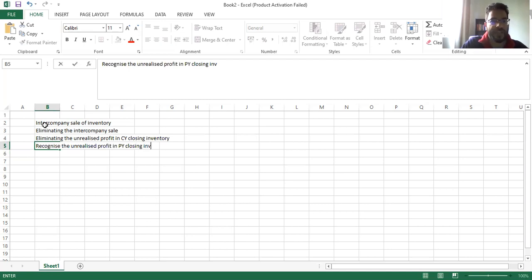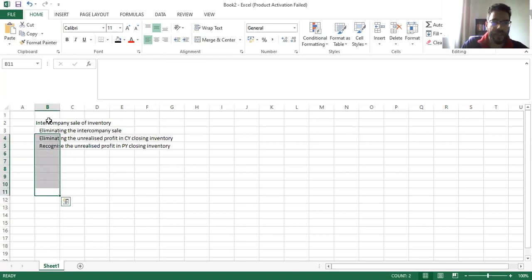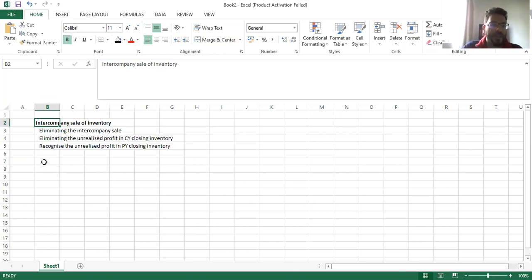So you only do journal entry number 3 if you have a prior year inventory balance on hand that was intercompany. So we saw we have it only in the second one; in the first one, we didn't have it. So just take note of that.